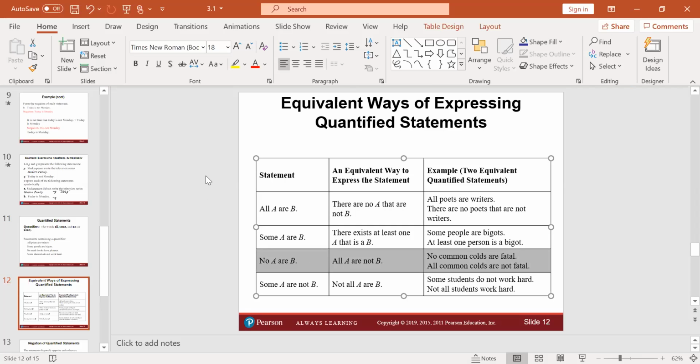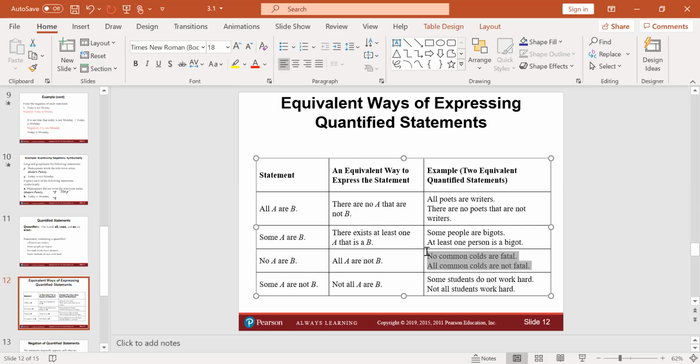If you have the statement "No A is B," nothing in category A belongs in category B. Another way of putting it is that all things in category A are inherently not in category B. Again, it sounds a little confusing, but let's see.